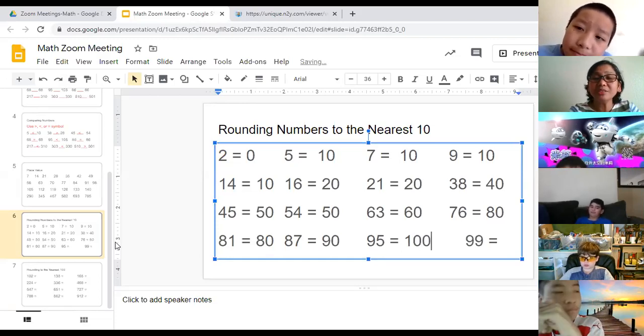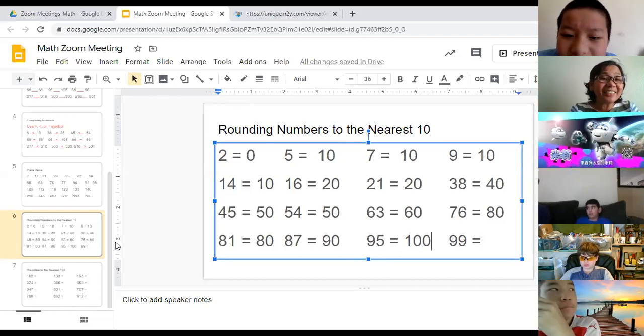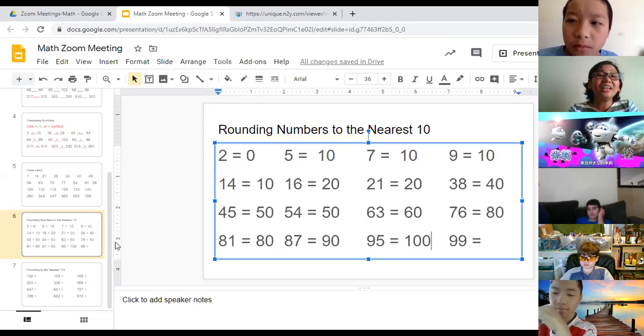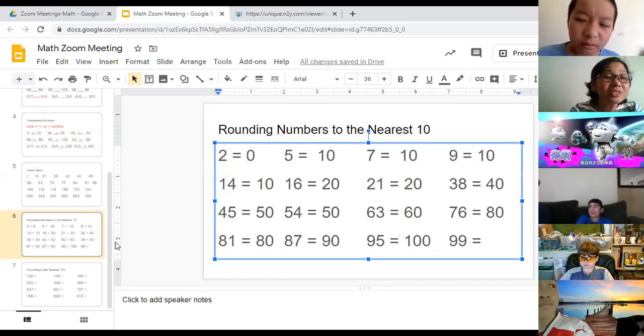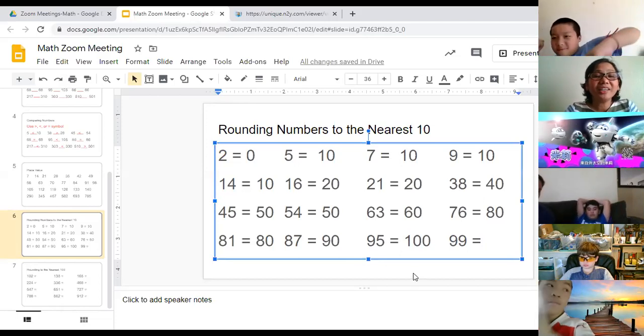So it becomes 100. Why? 95 is the halfway point between 90 and 100. So when we round this to the nearest 10, it doesn't become 90. We have to round up so it becomes 100. Okay, good job, Nathan.